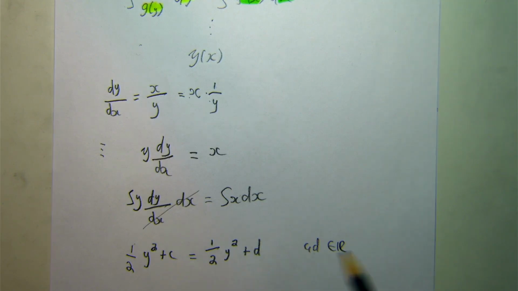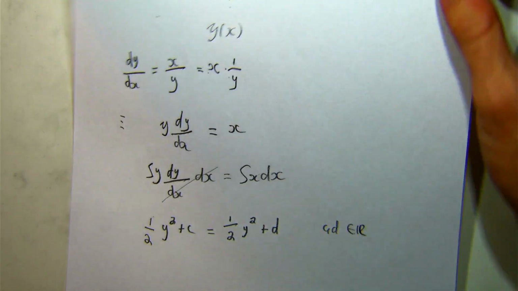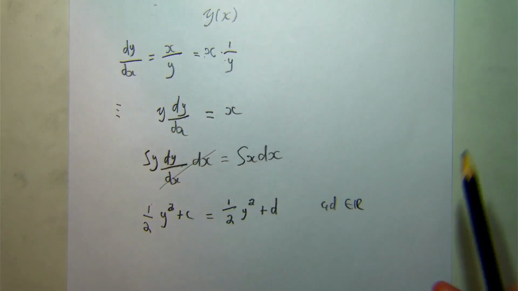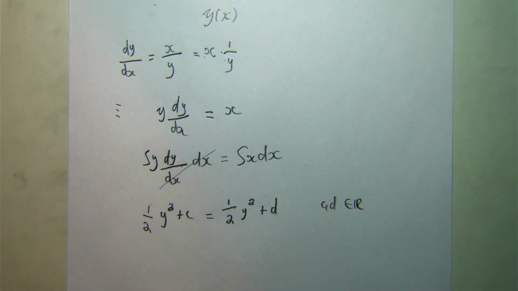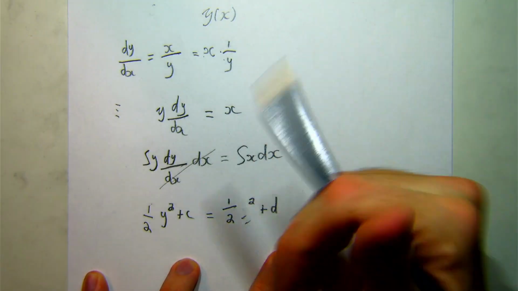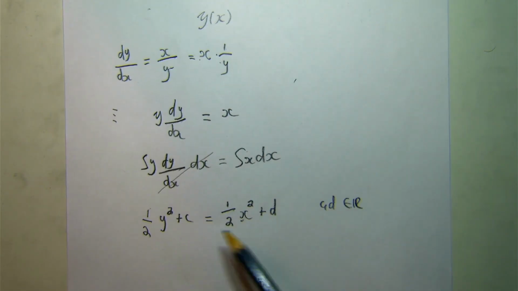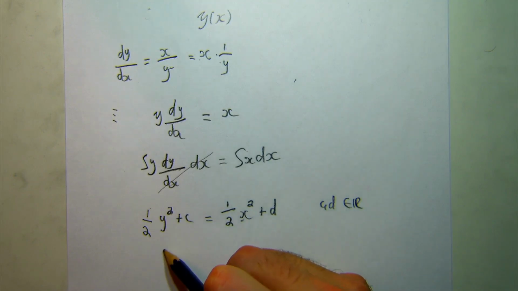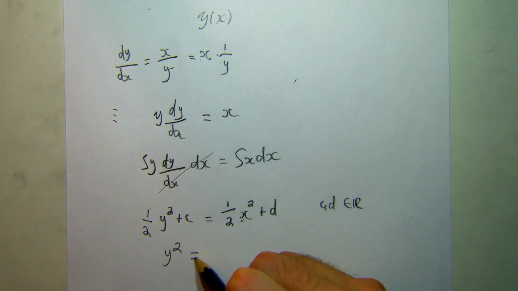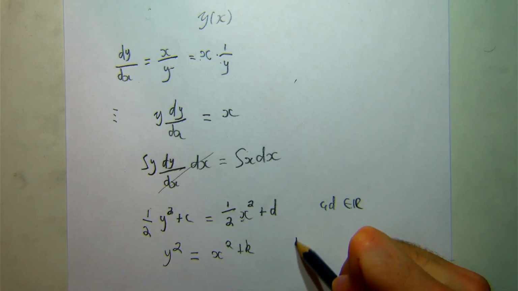And if we move c across to the right-hand side, we just get a new real number that doesn't matter. Sorry, that should say 1 on 2 multiplied by x squared. And if we multiply both sides by 2, we get y squared is equal to x squared plus k.